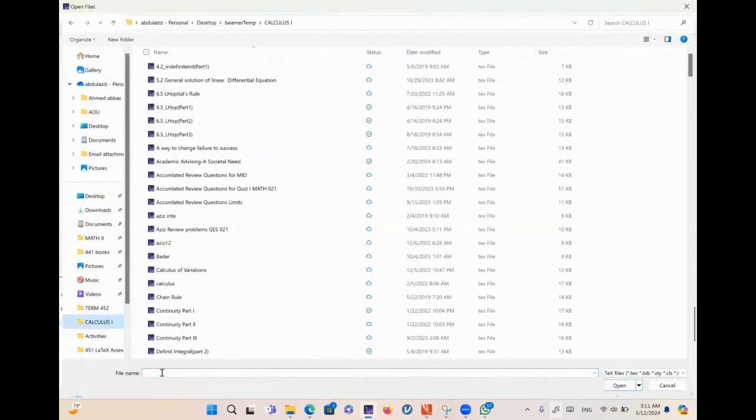Okay, this one. Section 7.3. Eigenvalues.